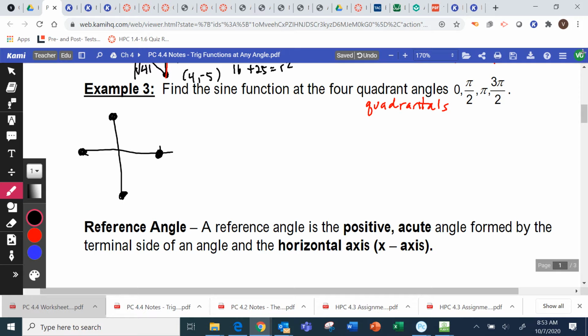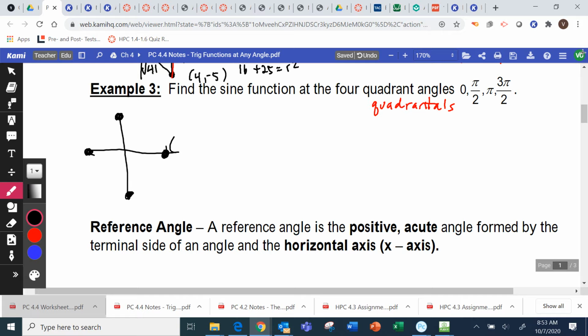So for 0, we'll need the ordered pair (1, 0). At pi over 2, we'll need (0, 1). At pi, we need (-1, 0). And at 3 pi over 2, (0, -1).